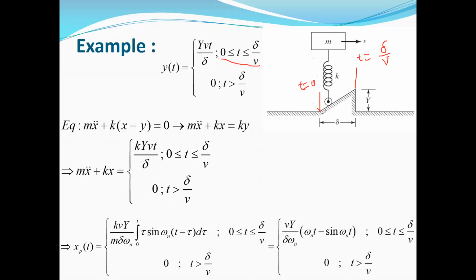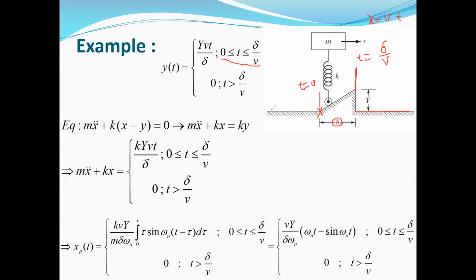So our time origin is this point, t equals 0, and t equals delta divided by v, because we know that the velocity of this vehicle is v, and we know that x is equal to v times t. When x is equal to delta, time is equal to delta divided by v. So at this moment the car will be located at the end of the bump, and after that you can see that y is equal to 0.